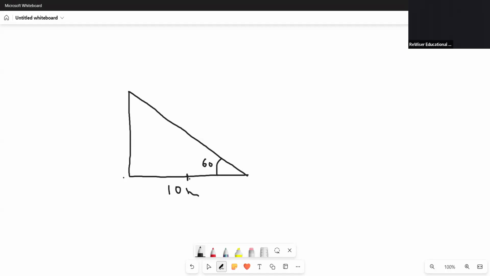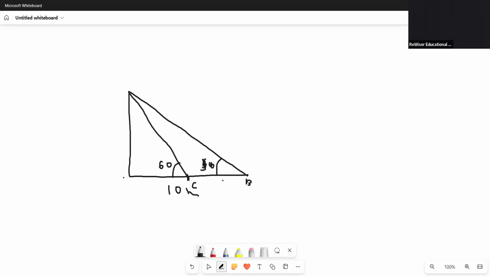Now, if the boat reaches a point C, the angle of elevation changes to, say, this is 30 degrees and this is 60 degrees, right?